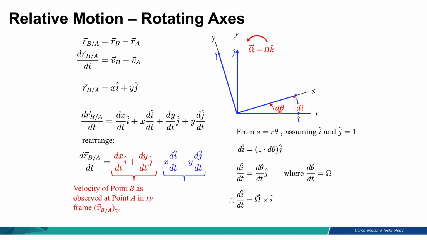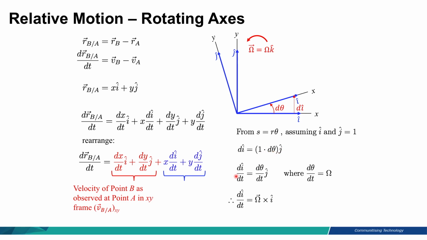So since we have d theta over here, we can use the equation from sector in maths, assuming that i and j are equal to 1. So we have di is equal to 1 d theta times j.